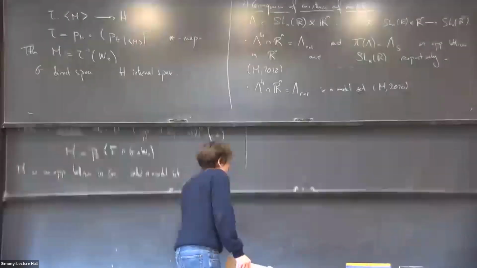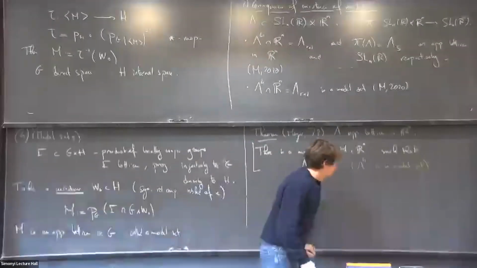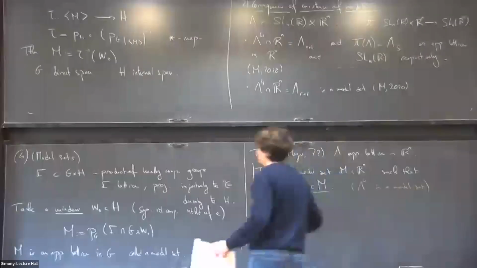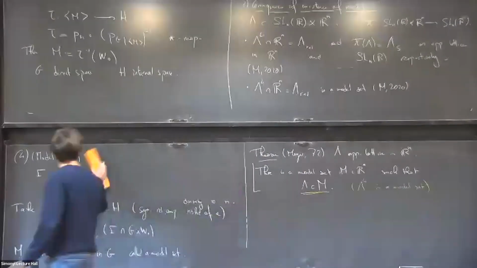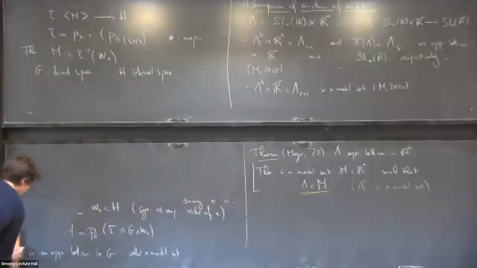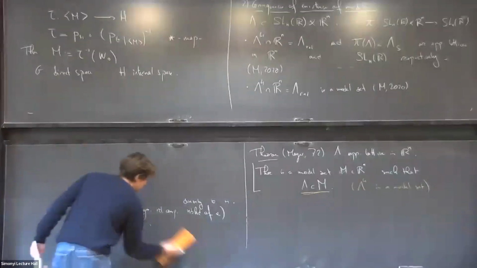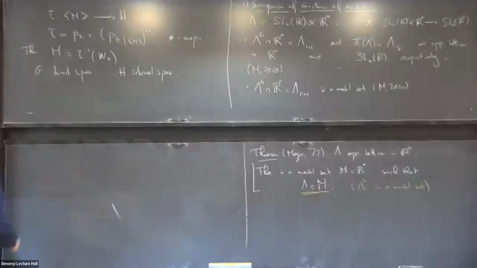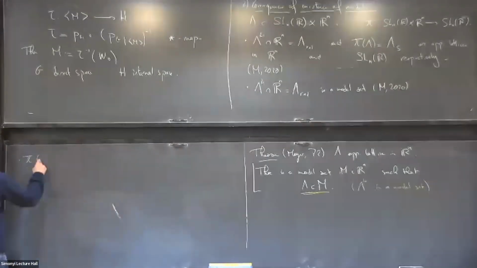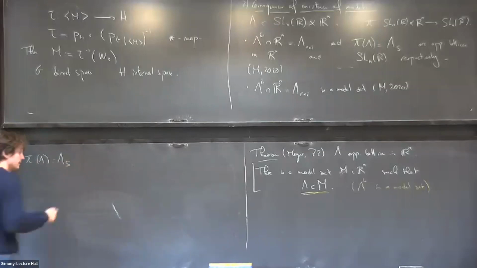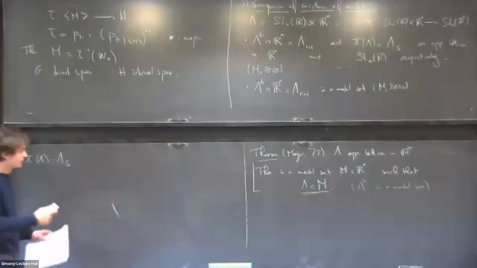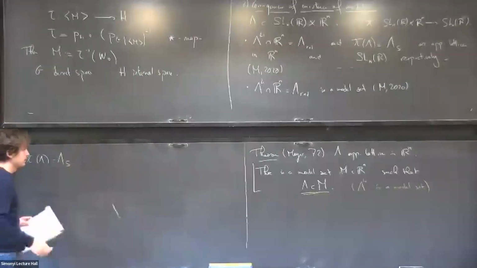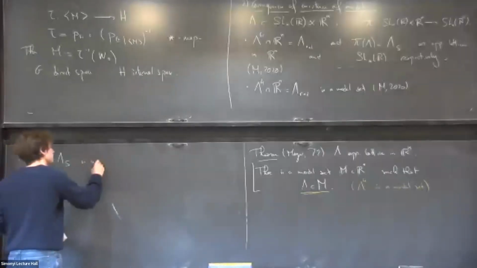And a really nice result here is that the projection of lambda, that I call lambda S, is also a model set. Okay, so you might have to modify your lambda slightly, but essentially it is a model set.